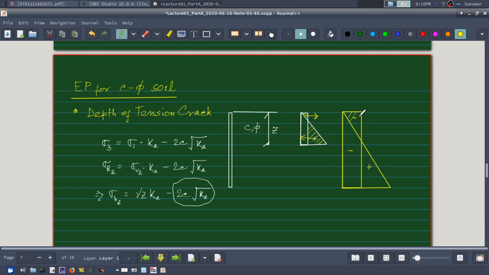So this will be my earth pressure diagram in case of a C-phi soil for a horizontal backfill behind a vertical retaining wall, as per Rankine's theory. Now this portion of the soil, since it is subjected to negative stress, therefore there will be tension developed, and therefore there will be some tension cracks that may develop.